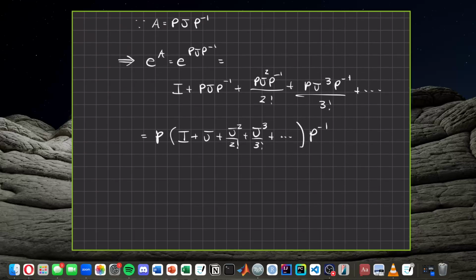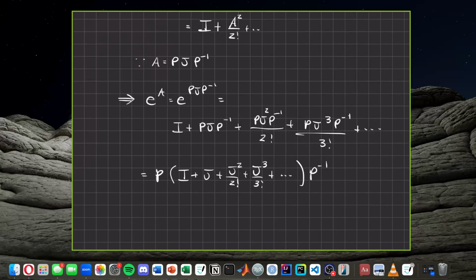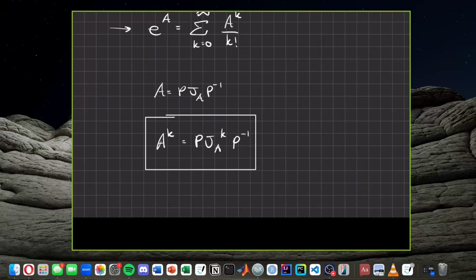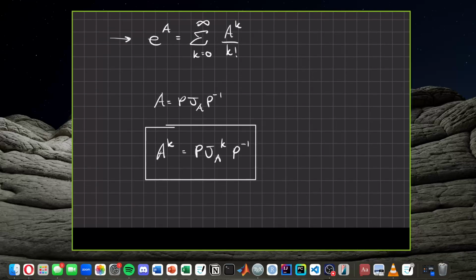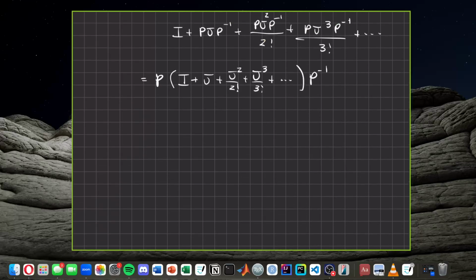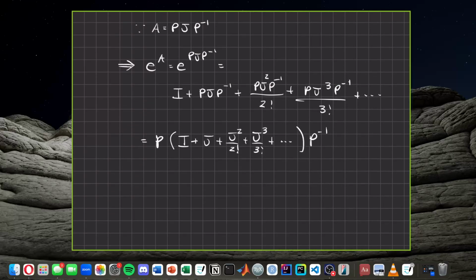Now, what we're getting to next is, of course, we've already stated above that A to the K is PJ to the K times P inverse. Now, what is this inside of here? We have P on the outside, P inverse on the outside.